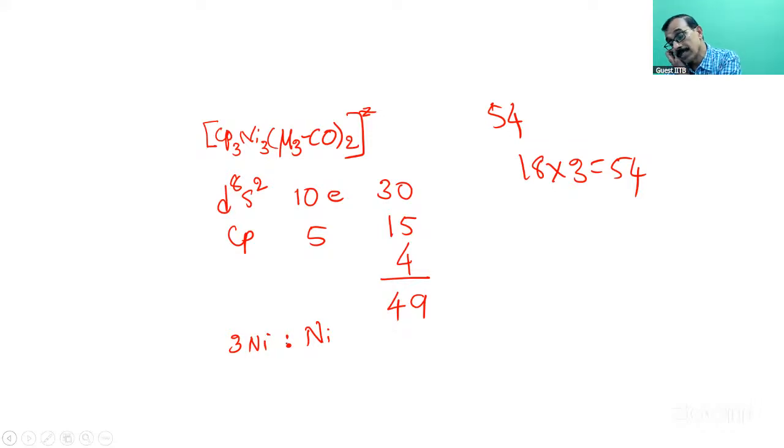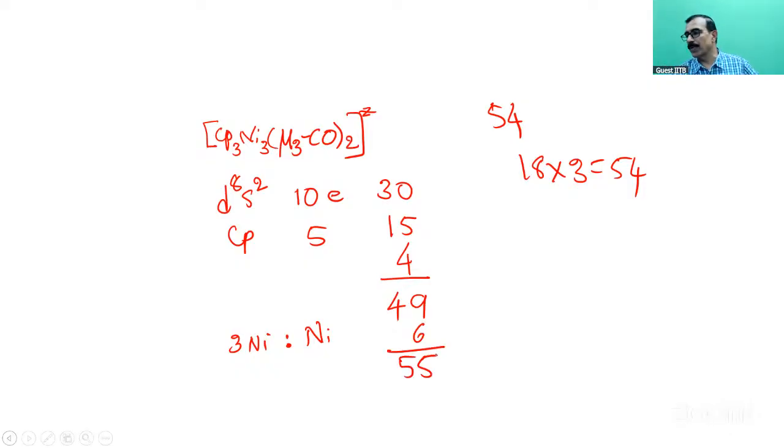But each one is giving only 1 electron, you have to give only 3 electrons. So the charge is +1, no? Okay, so it will be +1. It's 55.